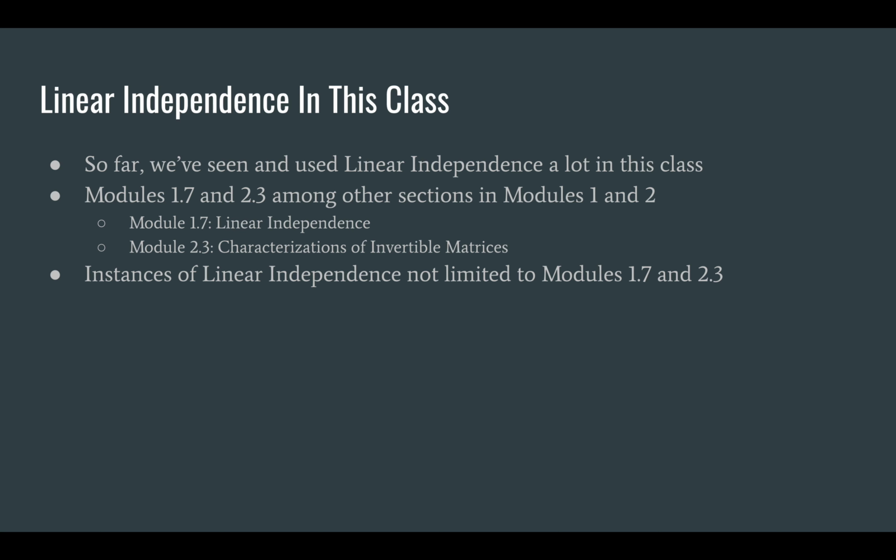You can go back in the textbook and see that it appears in many other modules in Module 2. So Module 1.7 is linear independence, where we initially learned it, and Module 2.3 is characterizations of invertible matrices. Instances of linear independence are not limited to modules 1.7 and 2.3.